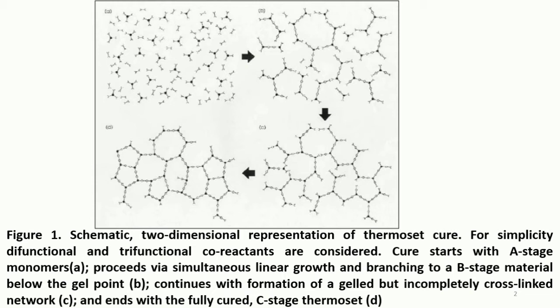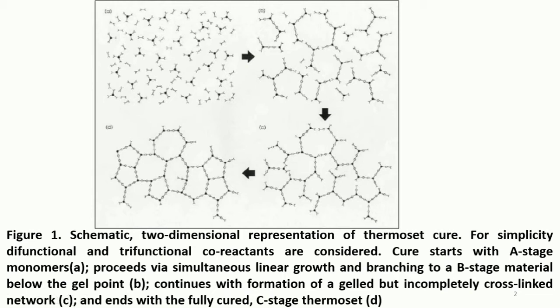Cure is illustrated schematically in figure 1 for a material with co-reactive monomers such as an epoxy diamine system. For simplicity, the reaction of a difunctional monomer with a trifunctional monomer is considered.